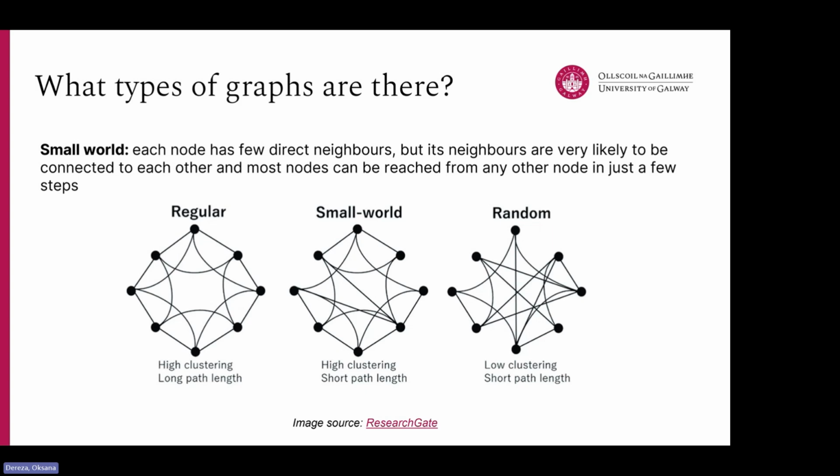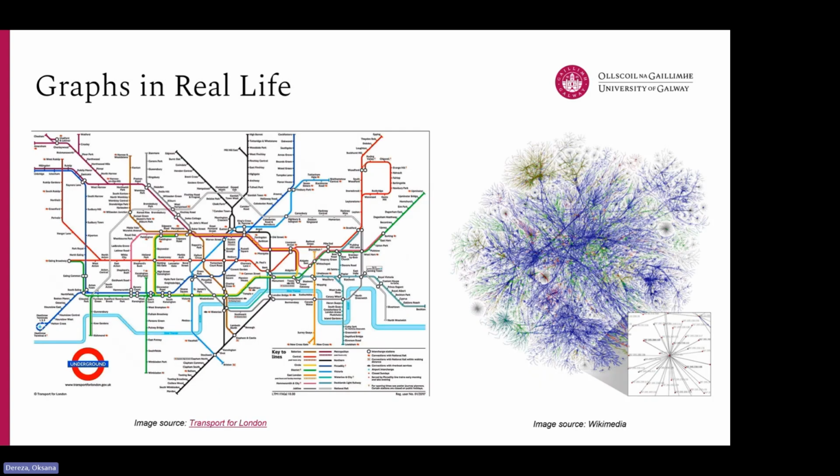Okay, so where do we encounter graphs or networks in real life? For example, you can think of the metro map. I know it's not very relevant to Ireland, unfortunately, but here's the metro map or underground map of the London Tube.